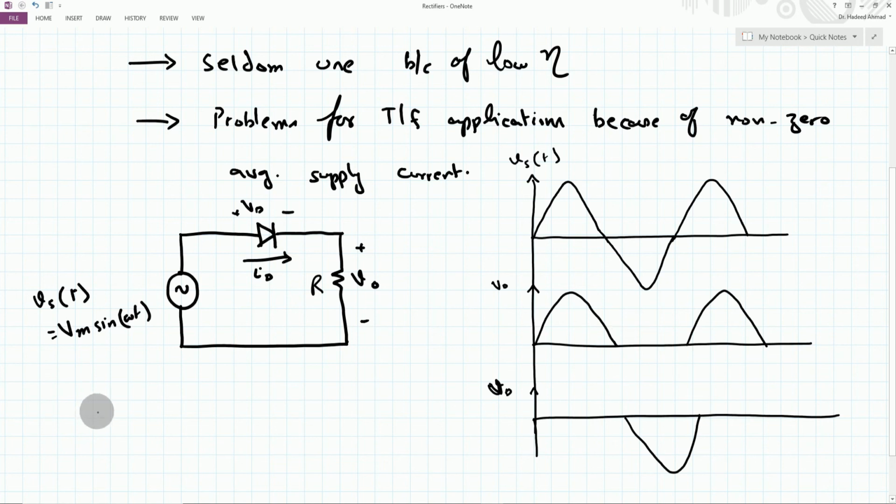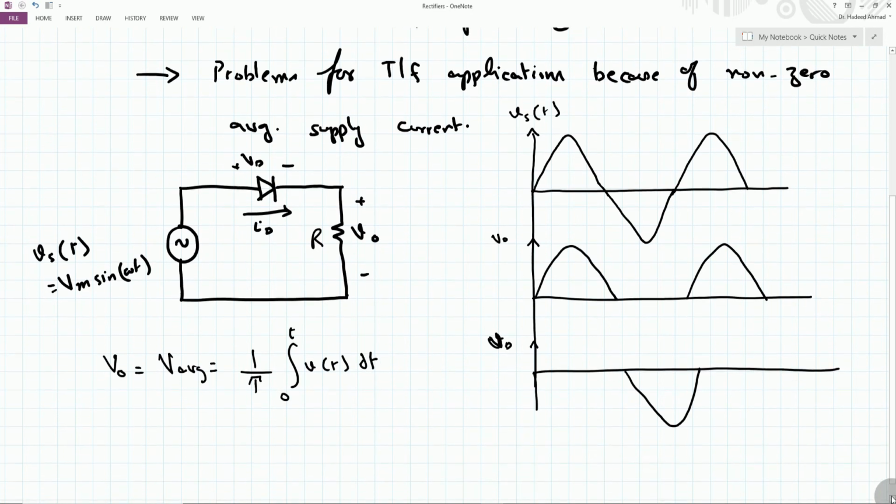Therefore the average output voltage V0 is given as, if we apply this expression, 1 over T integral 0 to T of v(t) dt. And by the way, these are all omega t here, because omega t is a good method of having the x-axis independent of the frequency. So V0 is equal to V average.